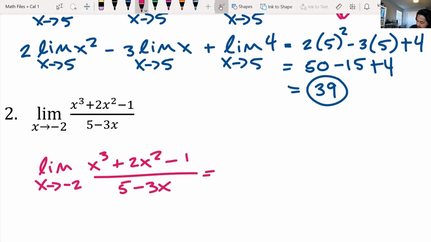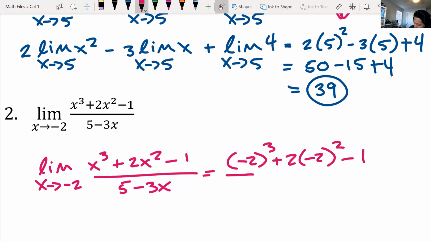And we're going to plug in -2 now. -2 cubed plus 2 times -2 squared minus 1 over 5 minus 3 times -2.